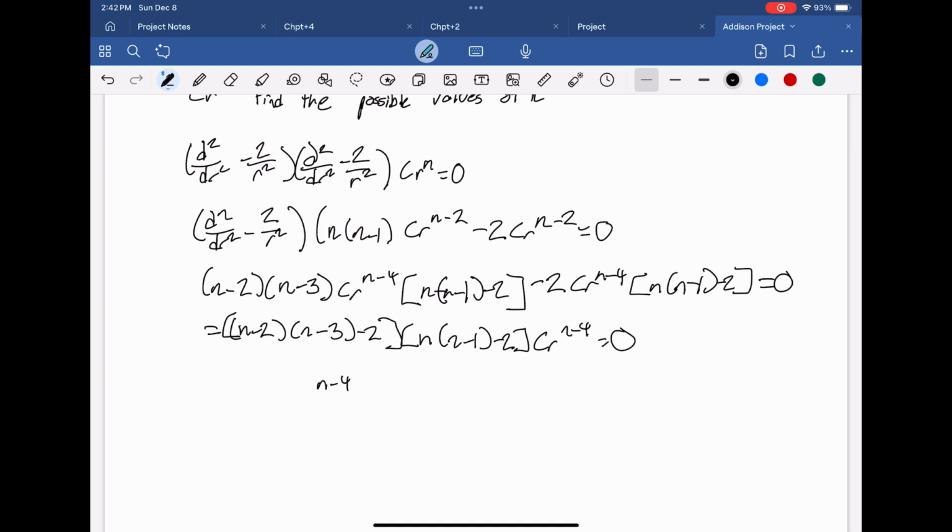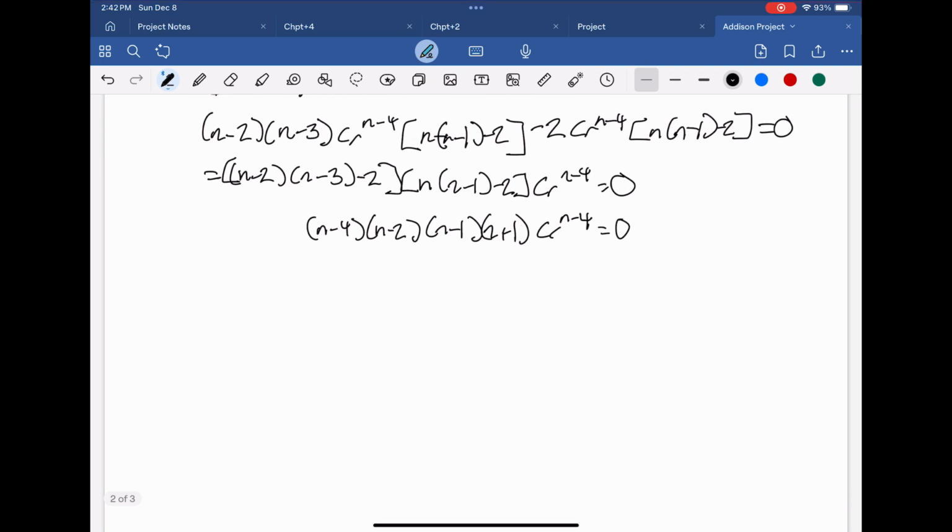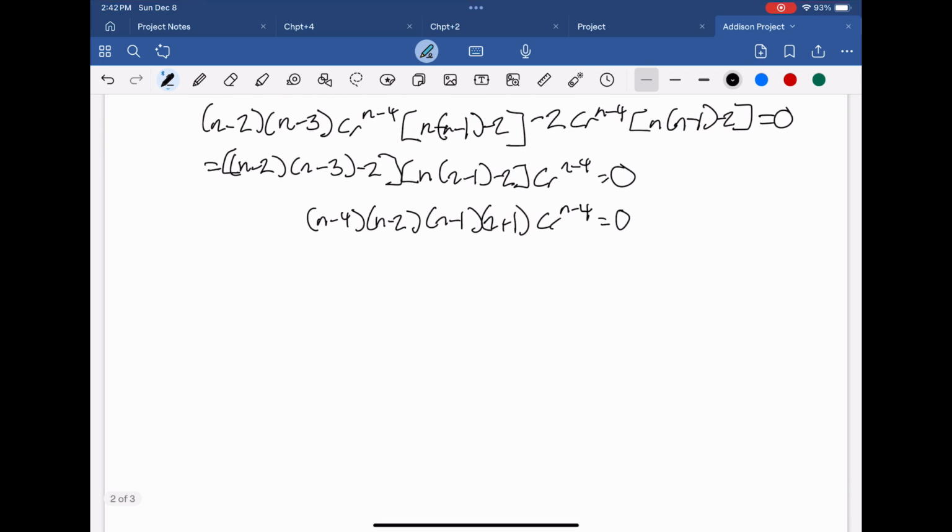And we can simplify that further to n minus 4 times n minus 2 times n minus 1 times n plus 1 times CR to the n minus 4 equals 0. And from this, we can find the values of n to be -1, 1, 2, and 4.